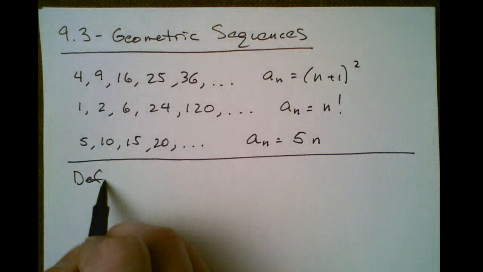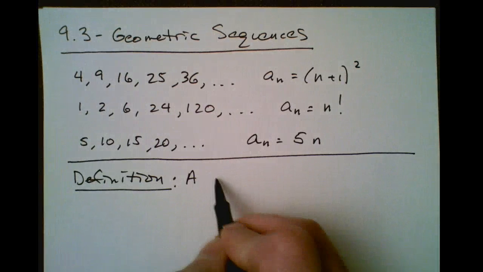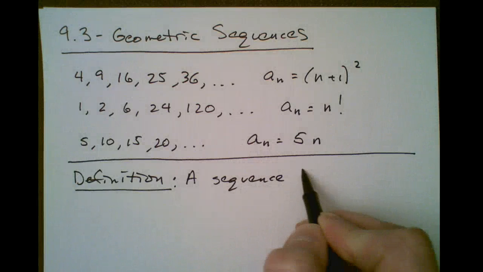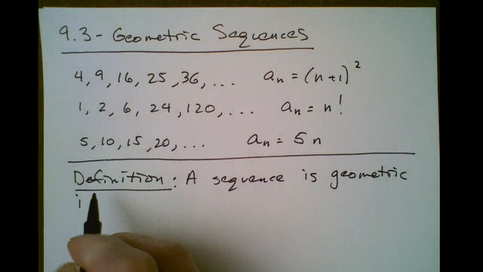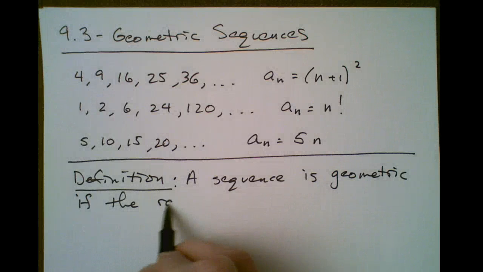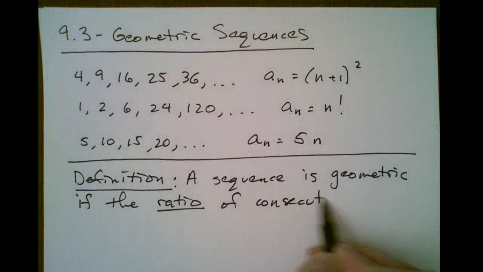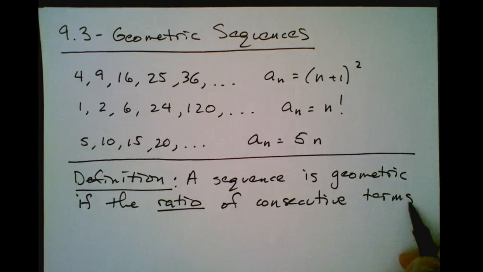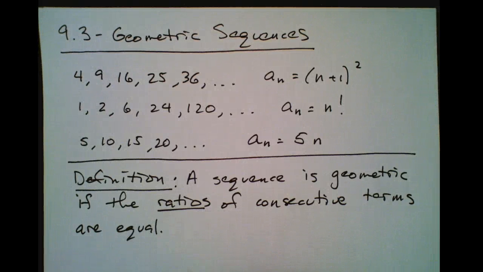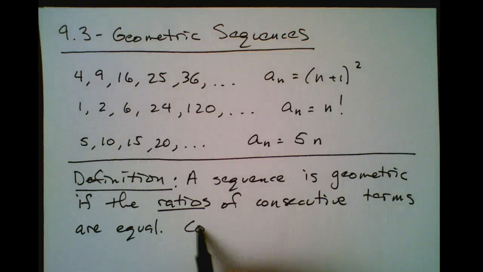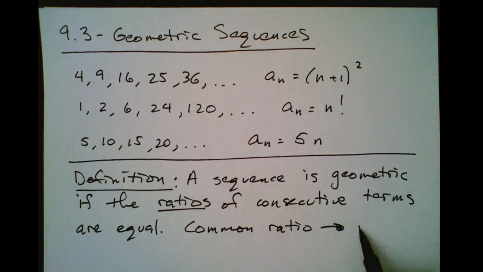So our definition of a geometric sequence: a sequence is geometric if the ratios of consecutive terms are equal, and this common ratio, we're going to give it the letter R.